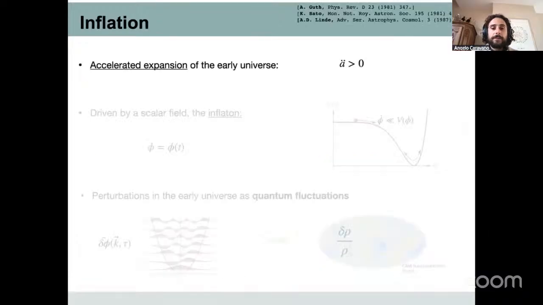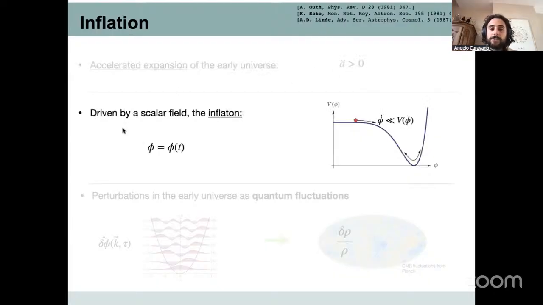So let me give just one slide introduction to inflation in case some of you are not too familiar with it. Inflation is an accelerated expansion in the early universe. It is a period where we get an accelerated expansion in terms of the scale factor. This is how it's defined.